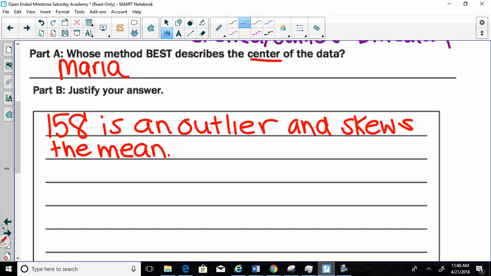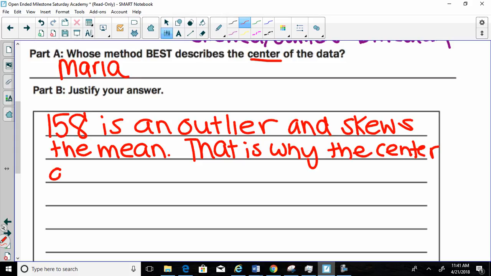That is why the center of the data is higher when Jeff found the average. And so when it says justify or explain, make sure you explain in detail.